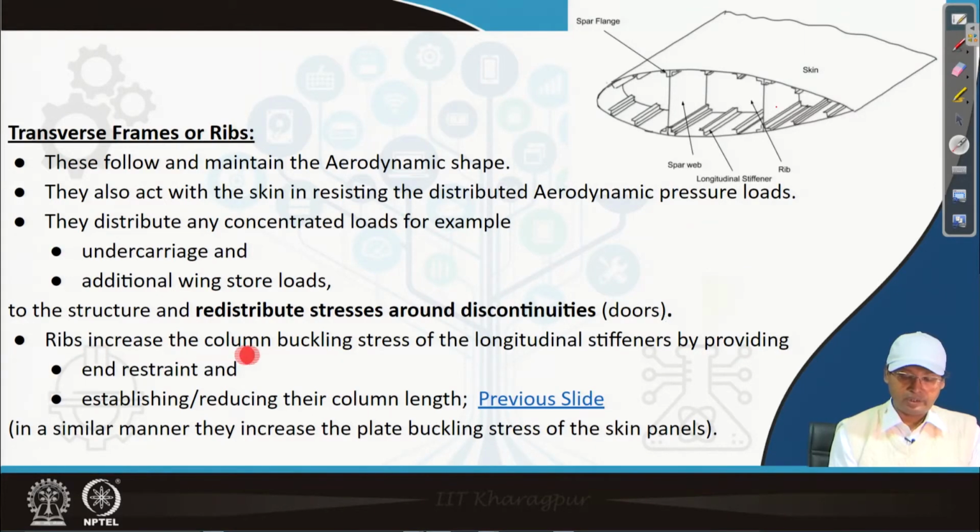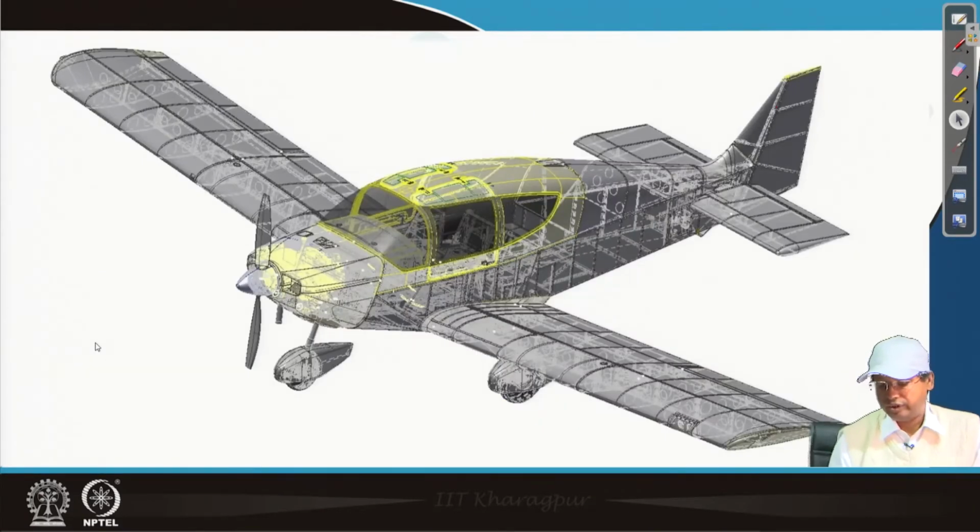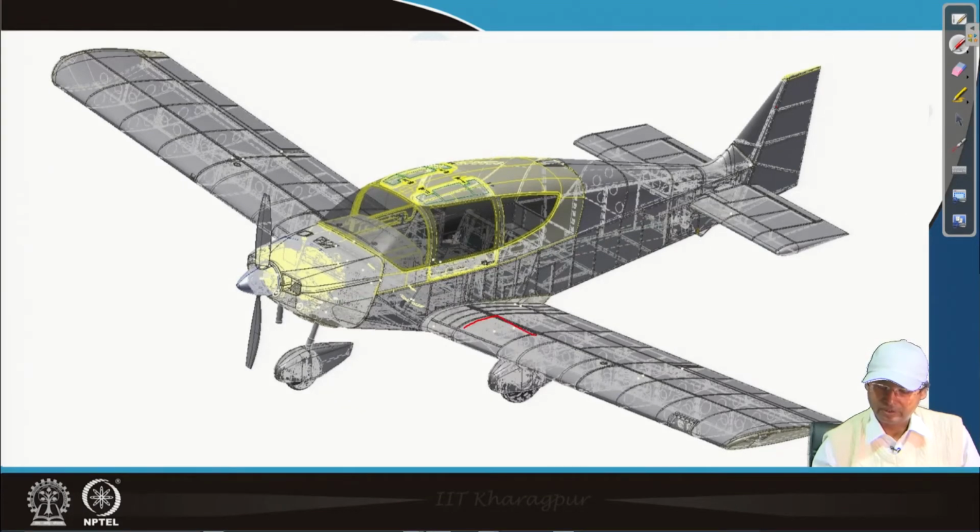Ribs increase the column buckling stress of longitudinal stiffeners by providing end restraint, thereby reducing the column length. So, if we look at this, if we increase the number of ribs, the panel size here is this much, whereas the panel size in the root section is this.